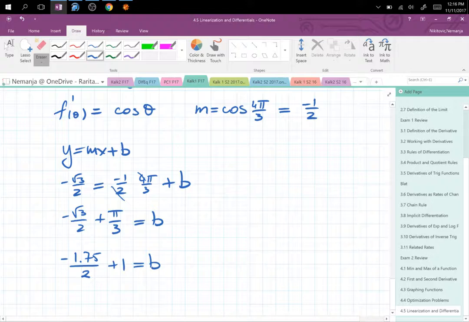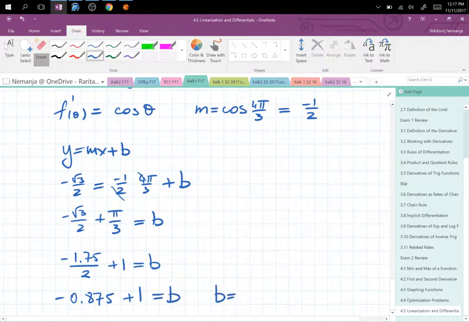Negative 1.75 divided by 2. Again, I don't want to use a calculator at all. Just all raw calculation here. 0.875 plus 1 equals b. And here's the b.